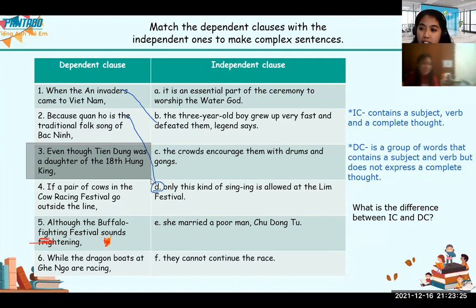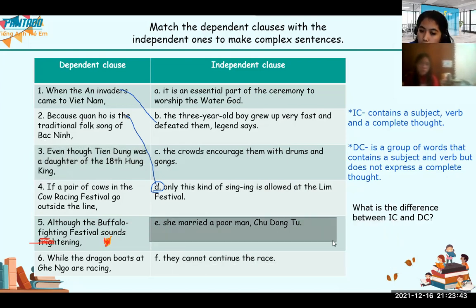Letter E. Okay, so you read, even though Tien Dung was a daughter of the 18th Hung King, she married a poor man, Chu Dong Tu. Okay, so you read like that, Ngok.